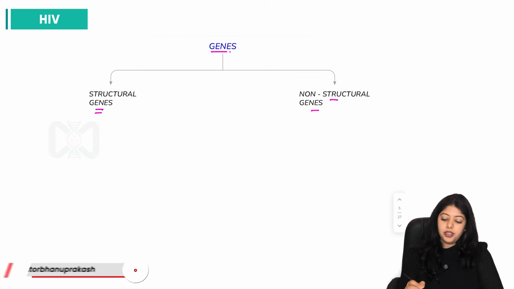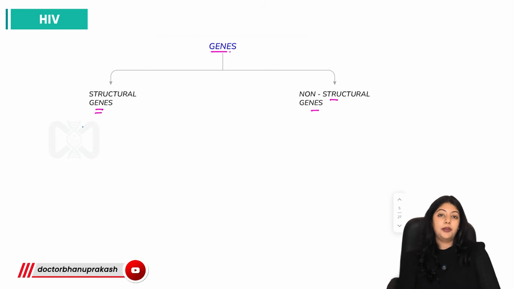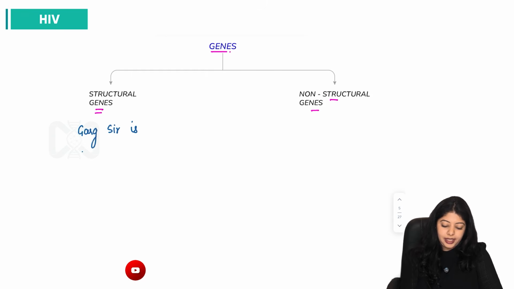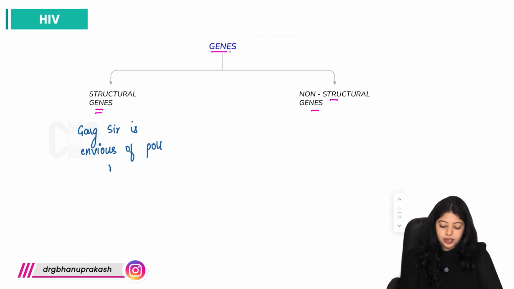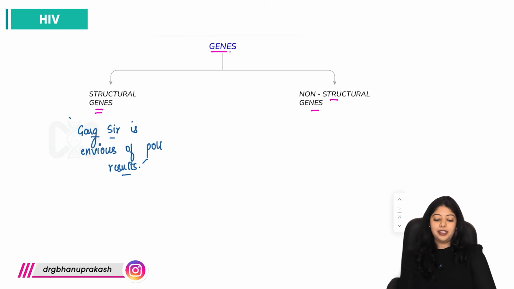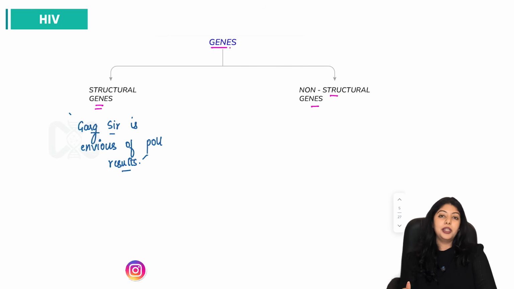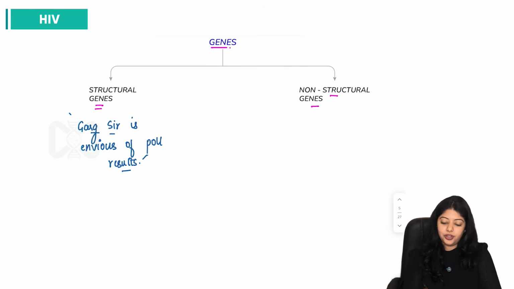For structural genes, let us remember a mnemonic: "WWE is envious of poll results." Here I am not referring to our famous WWE, it is just a mnemonic helping you understand and learn these structural genes.